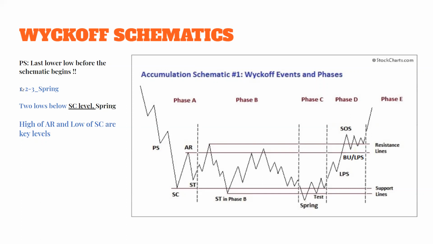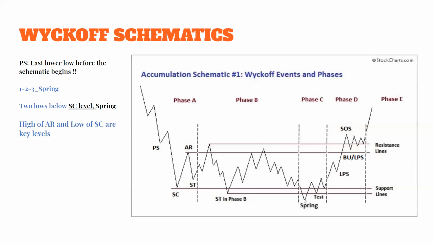So next, this is a step you kind of identify, because when it comes to accumulation, you're looking at the lows. So this 1, 2, 3 spring right here is a PS, SC, SC. That's your 1, 2, 3.